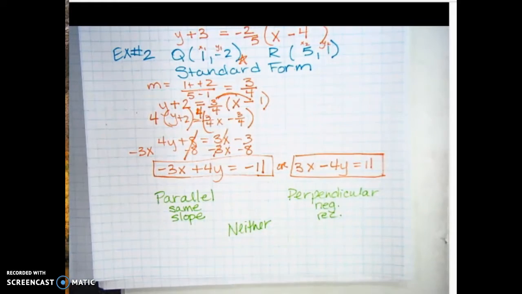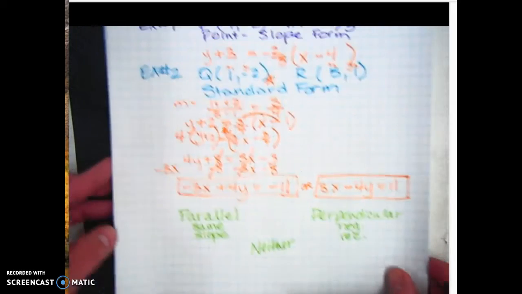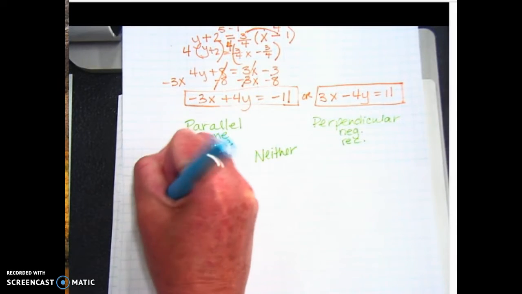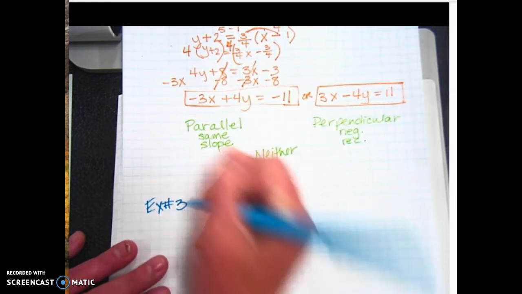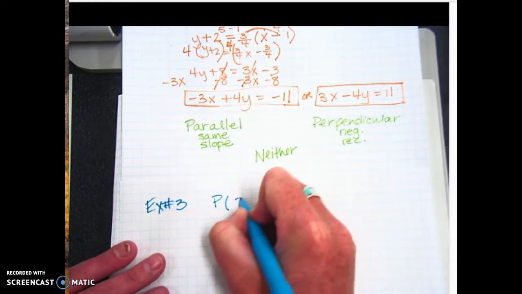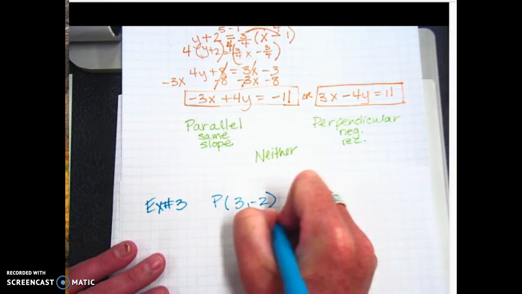All right, so we're going to do one more example using that. That would be example number 3. For example number 3, I'm going to give you the point P at (3, -2).